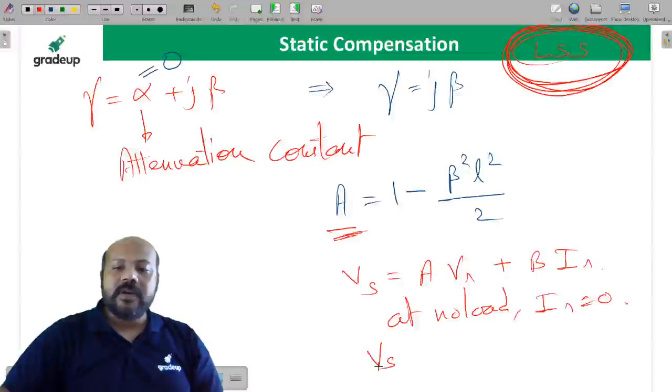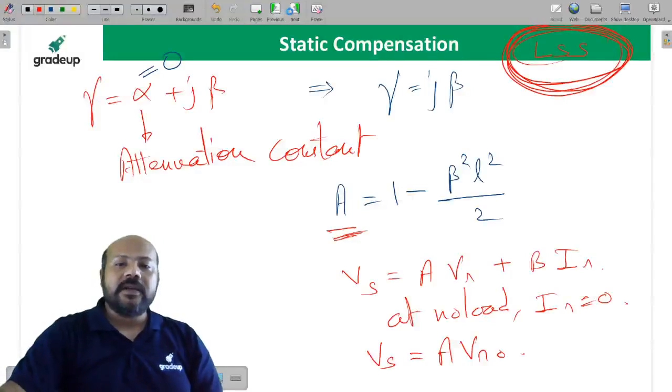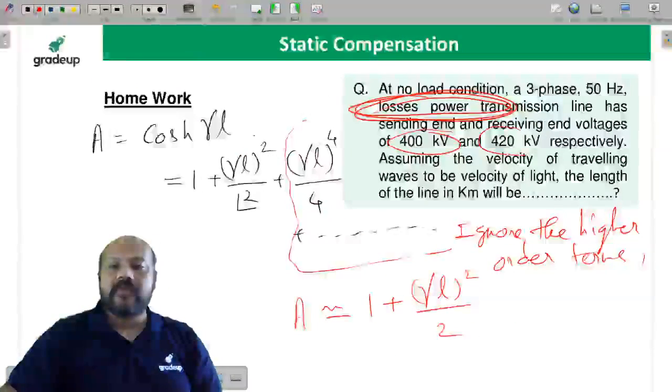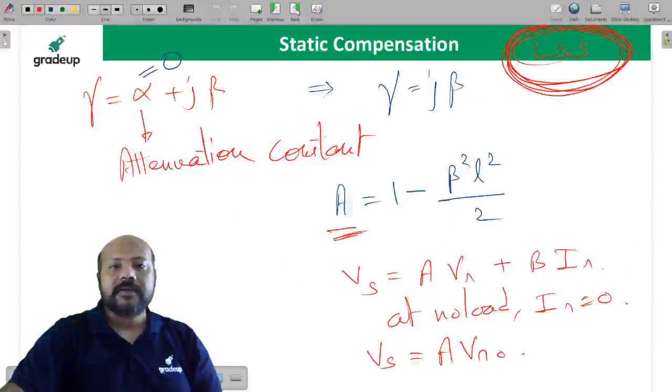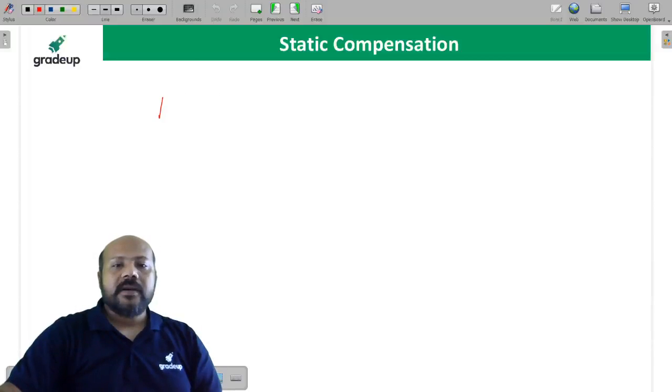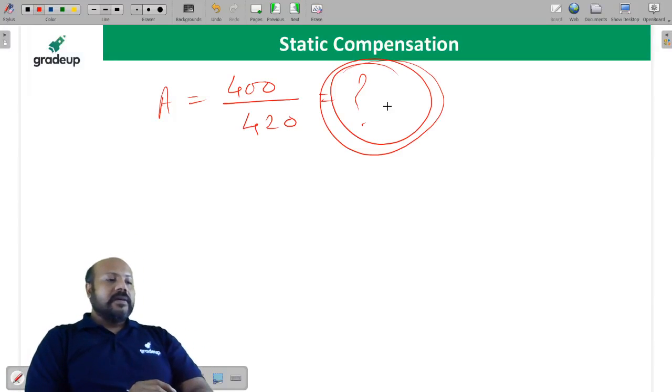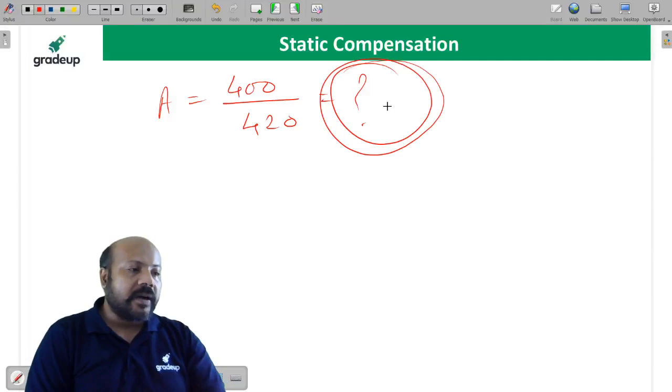So you are getting Vs is equal to A VRO, and the Vs and VRO values are given as 400 kV and 420 kV. So A is going to be 400 kilovolts upon 420 kilovolts. If you put this value, tell me what value of A you are getting.